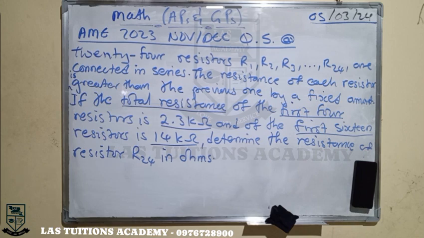The difference between the terms is a difference of one. How do you tell? Because we don't know what the first resistance is, we don't know what the second resistance is. How do you tell there's a difference of one? Well, it is a fixed amount, so I assume it's one. That assumption is not okay.